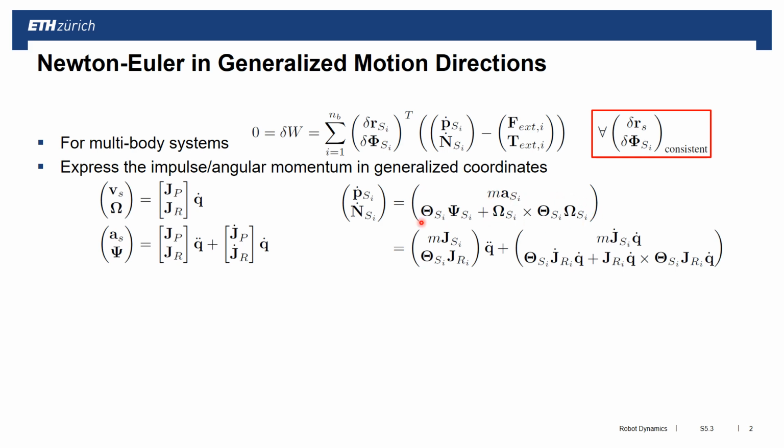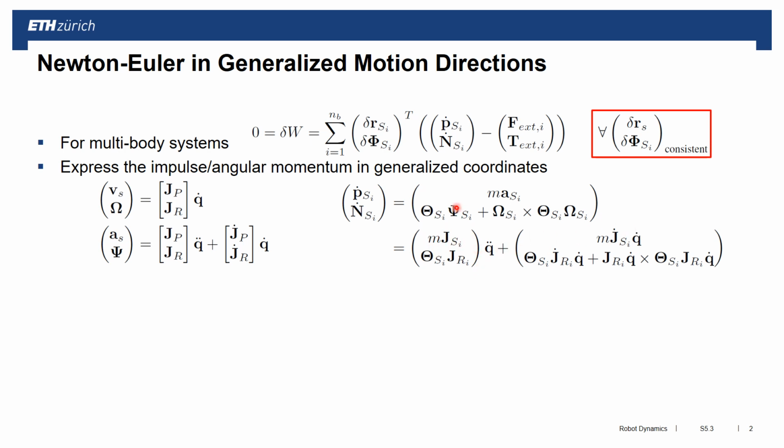We're now expressing all these individual components as a function of generalized coordinates, generalized velocities, and generalized accelerations. So we have acceleration, which is nothing else than J_s times q double dot plus J dot times q dot. That's my first line here.